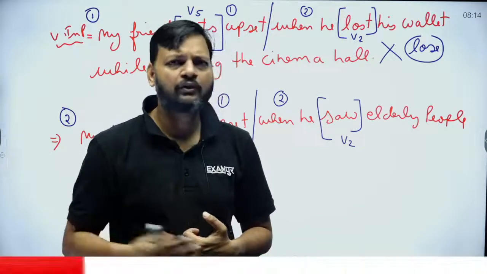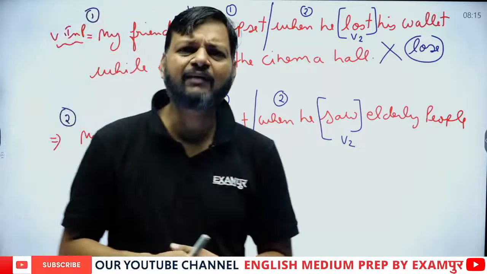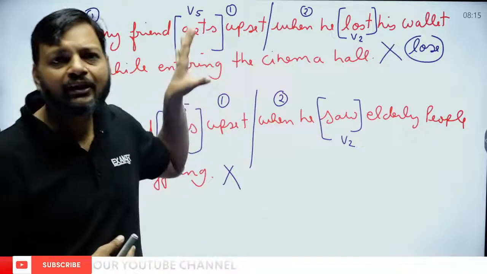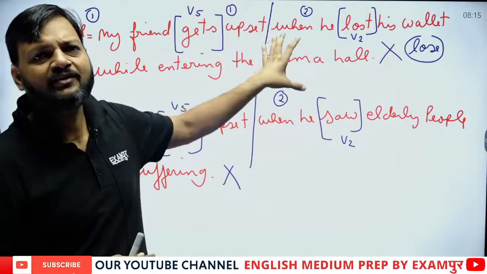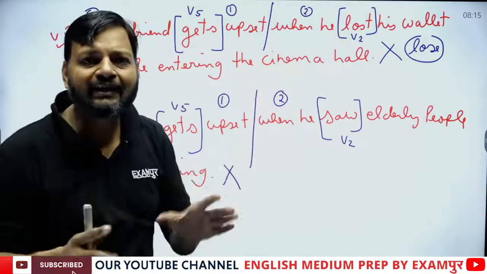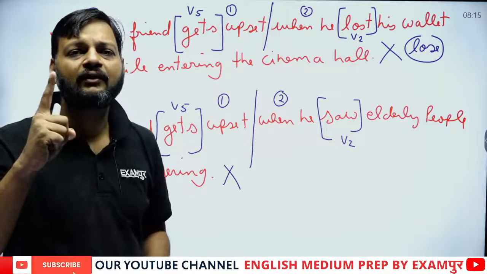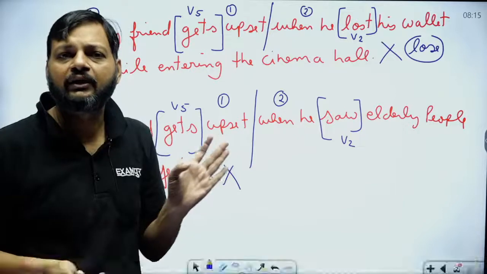You may lose your wallet, but how come every time? So this action cannot be a routine action. That's why this sentence cannot be in present indefinite. This can be one incident that happened in past, but it cannot be routine.